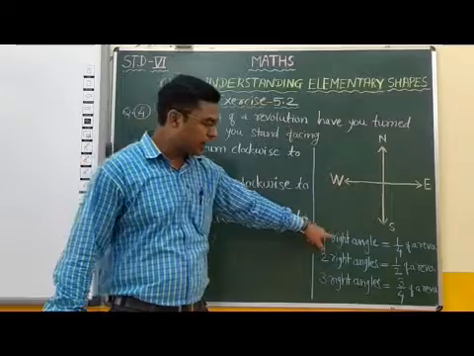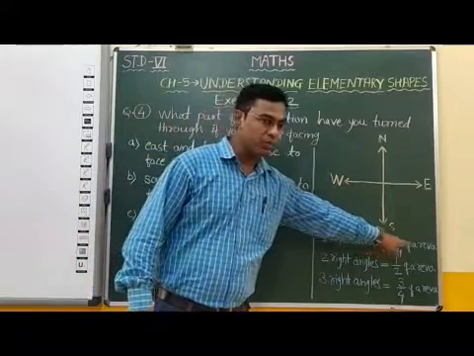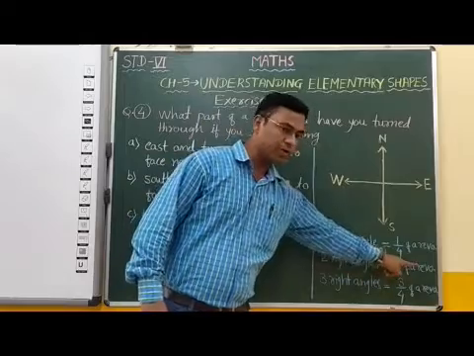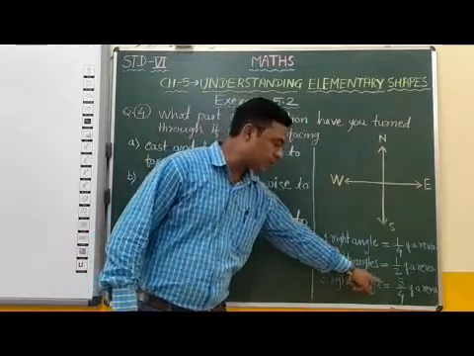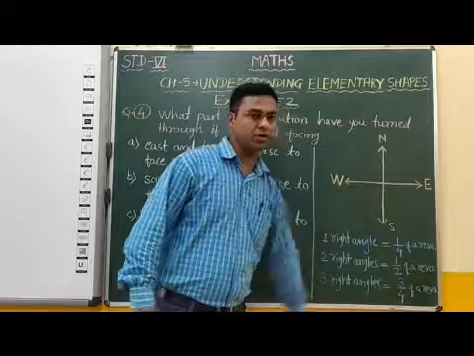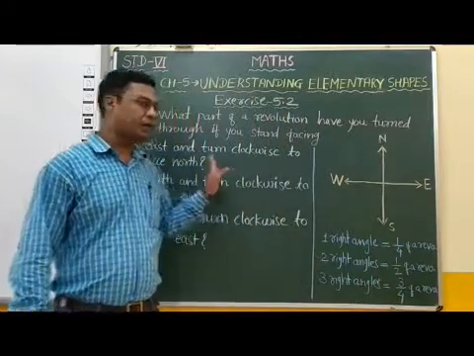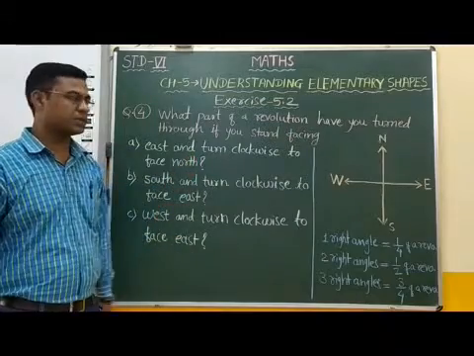One right angle is equal to 1/4 of a revolution. Two right angles is equal to 1/2 of a revolution. Three right angles is equal to 3/4 of a revolution. It is very useful for writing the answers of these questions.